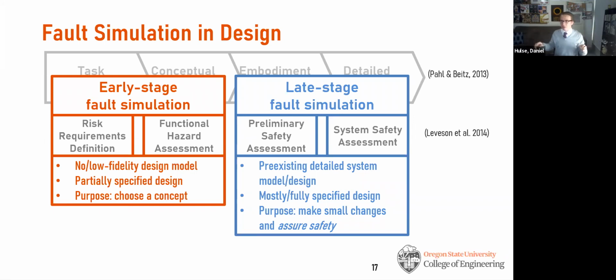Now let's contrast that with the idea of early stage fault simulation, which is more what we're trying to do. In this situation, our design model is a whole lot lower fidelity. And instead of making small adjustments to the design, we're trying to choose totally different concepts.